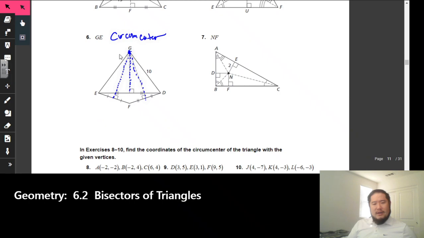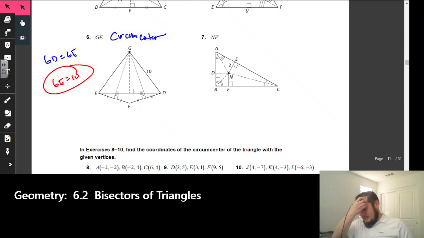G to D right here should be congruent and equal to G to E, which is also congruent, which we don't see, but it would be equal to G to F. So if G to D is 10, G to E is 10. And there you go.